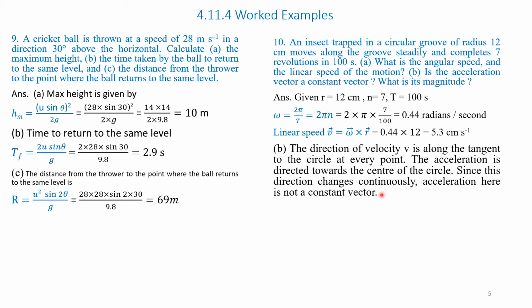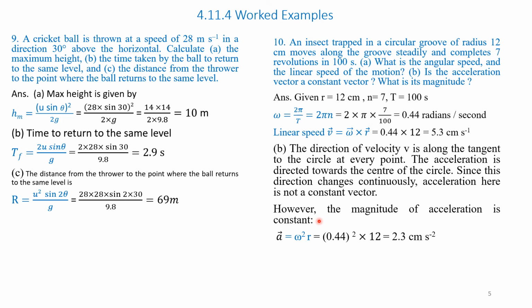Velocity is changing, so also the acceleration. However, the magnitude of acceleration is constant and we have to calculate the magnitude. Acceleration is equal to omega square r, omega is 0.44 square into 12, that is equal to 2.3 centimeters per second square.